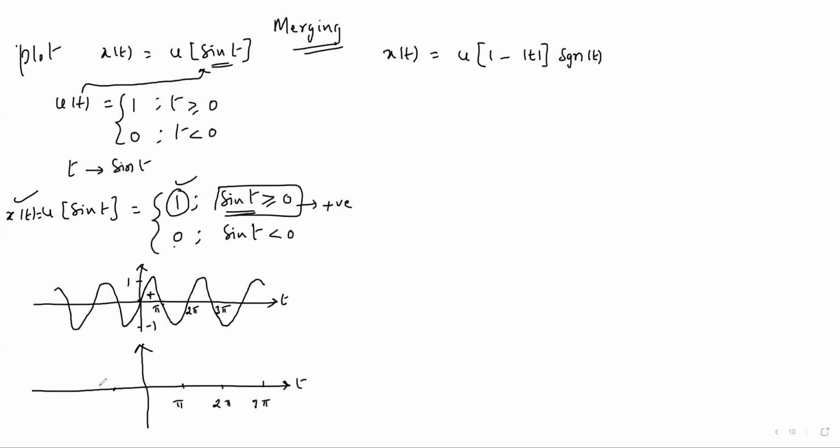And on this side minus pi, minus 2 pi, minus 3 pi. Here positive means take our required x of t signal amplitude as 1. And whenever sin t is less than 0, when sin t is negative, take the x of t signal amplitude as 0.